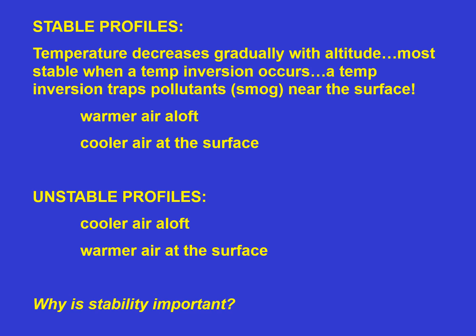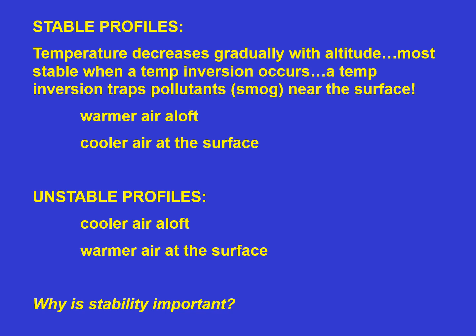All right, jumping around a little bit because I'm just taking a look here at what I might want you to know for the exam. Okay, so stable profiles: temperature decreases gradually with altitude, most stable when a temperature inversion occurs.